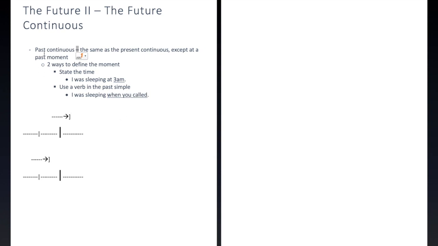So the future is exactly the same, actually. The future continuous is the same as the past continuous, except at a past, or not past, a future moment instead of a past moment.